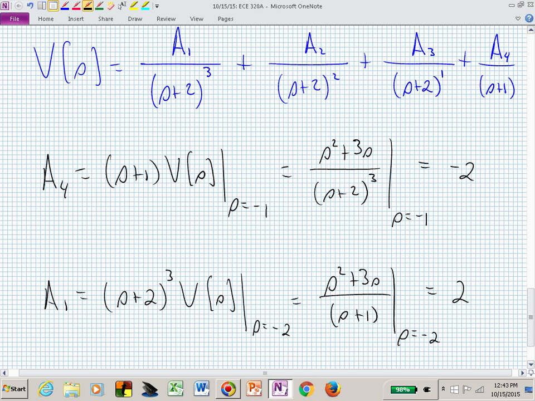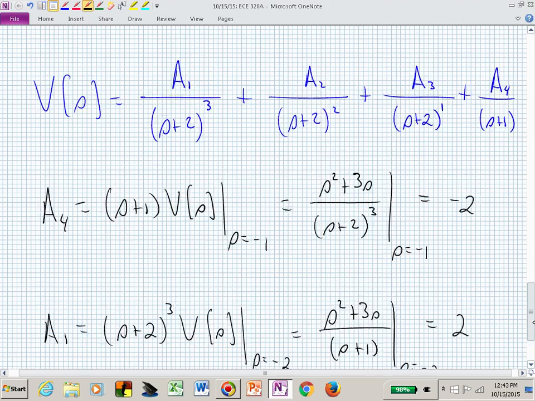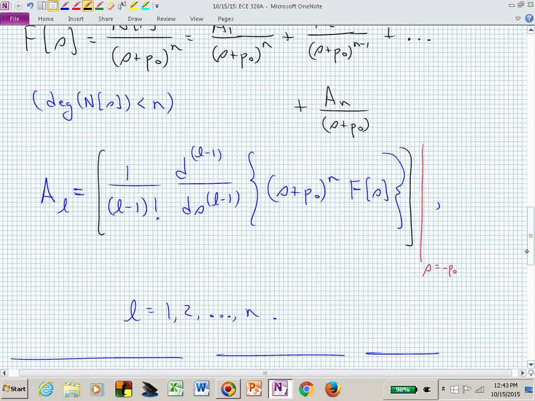Now, how can I find a sub 2? A sub 2 I should be able to find using this formula. That's the whole point of this example. Let's now plug in little l equal to 2, and we're going l equal 1, 2, up to little n equal to what?